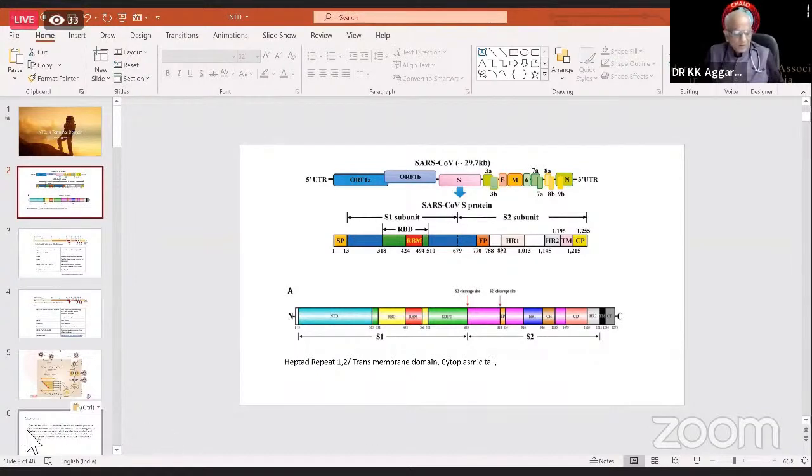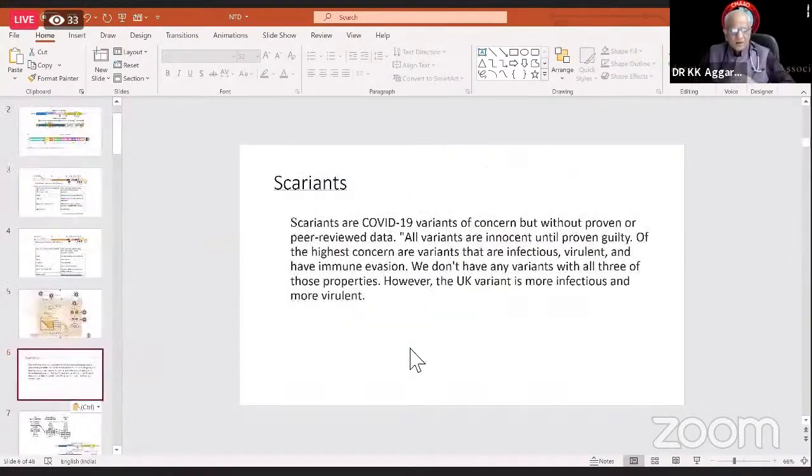Now, we are talking about a term called Scarians. Every day we are listening to new variation, new variation, new variation. They are called Scarians. They scare you. They may not be of importance.